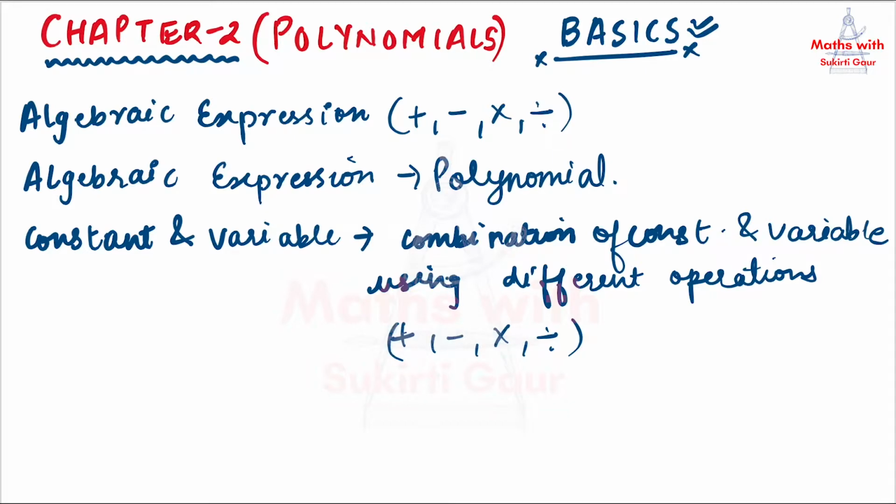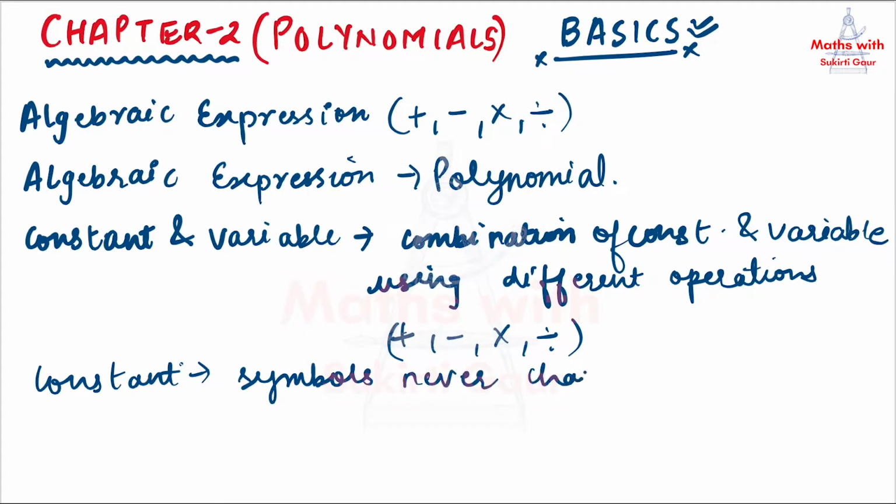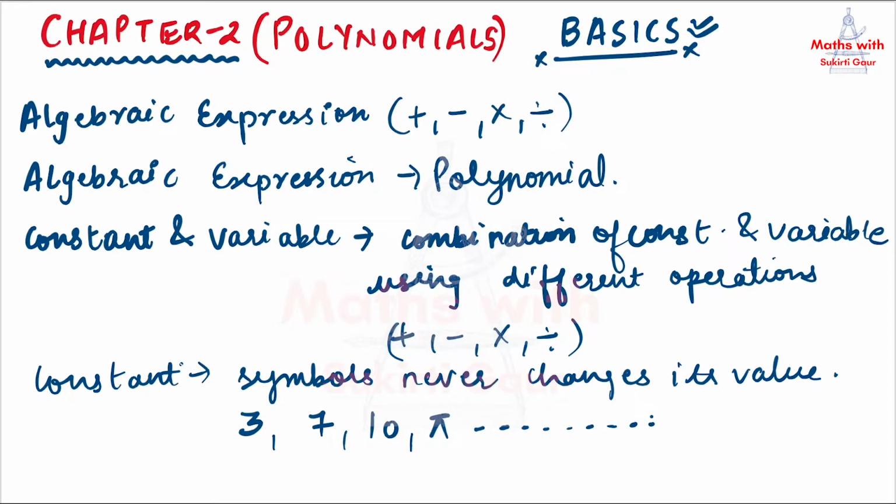So what actually is a constant? A constant, I would say, is a symbol which never changes its value. For example, numbers like 3, 7, 10, or we can take pi. These are all symbols which never change their value.